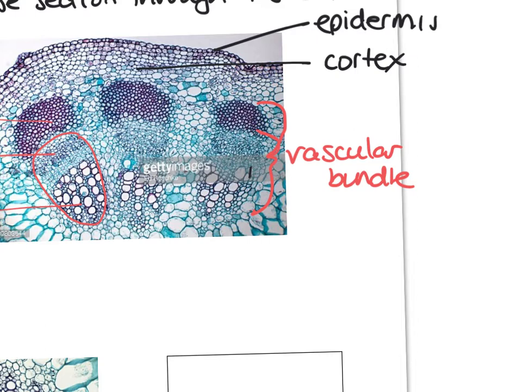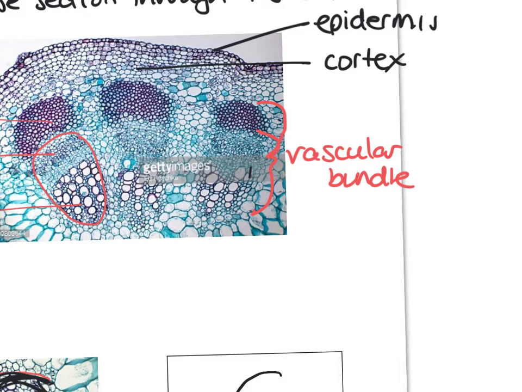Underneath it, we have another photograph of a cross-section through a stem, and this one's showing a vascular bundle. If I go over the outline of the vascular bundle in black, that's the vascular bundle there. What do you notice about it? Where's the xylem? The top? Yeah. So in this case, we're going to draw a block diagram.